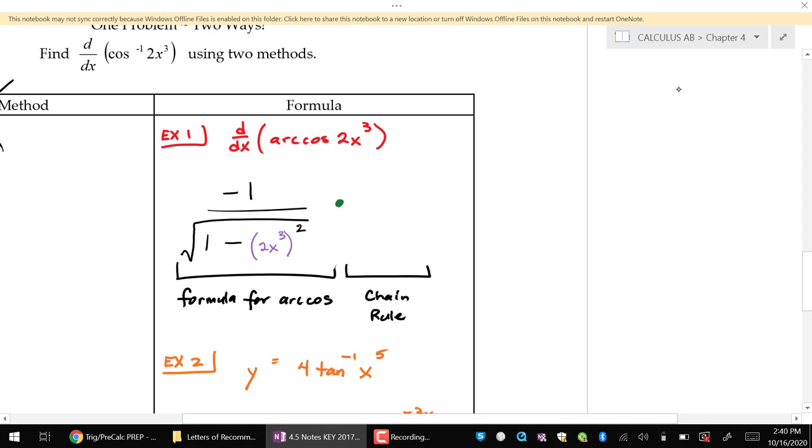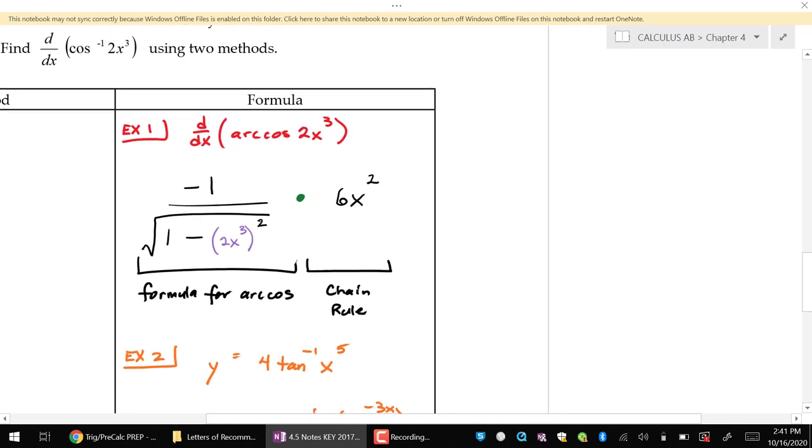By now you know that things are never quite that simple because of the chain rule. If the argument that we're looking at or analyzing has a derivative itself, then we want to multiply by that derivative. That's our chain rule step. So I want to multiply this by what would become 6x. The derivative of 2x cubed. Oh, sorry about that. That'll be 6x squared.